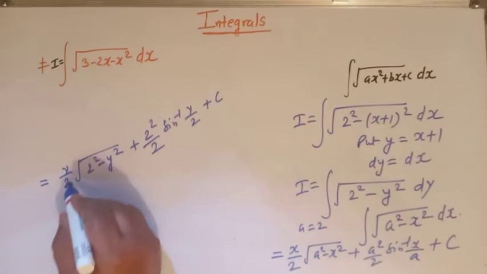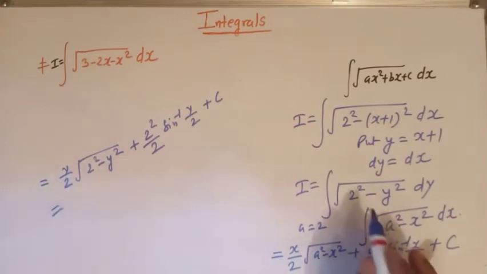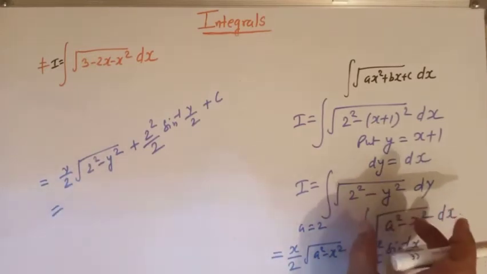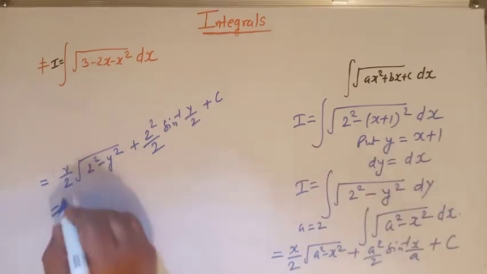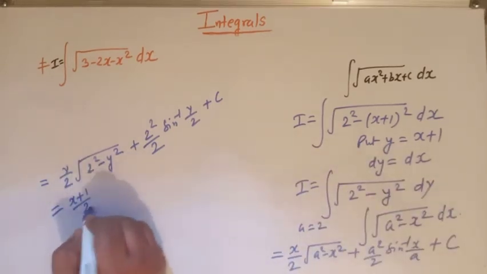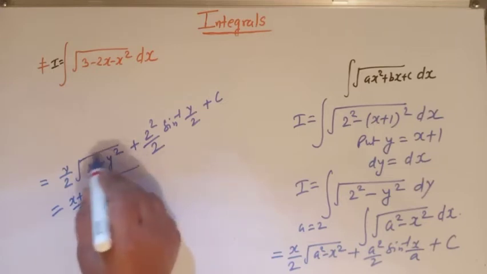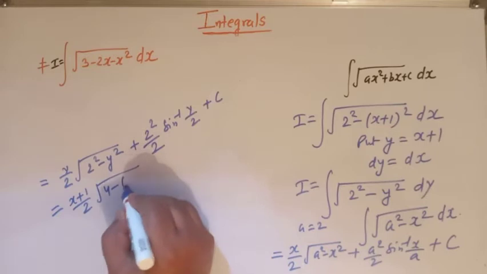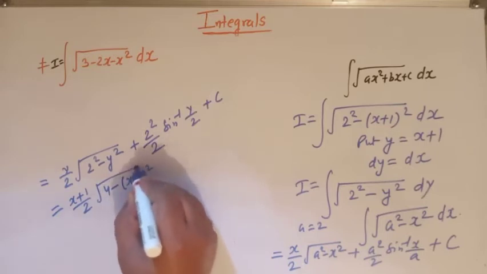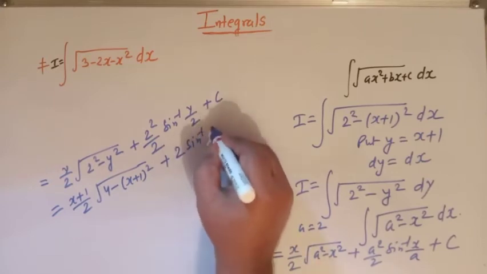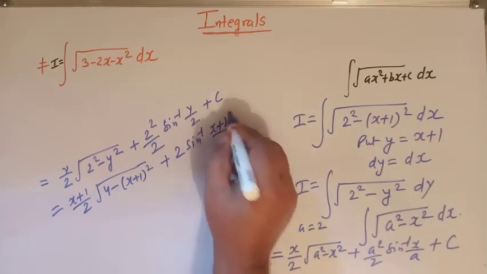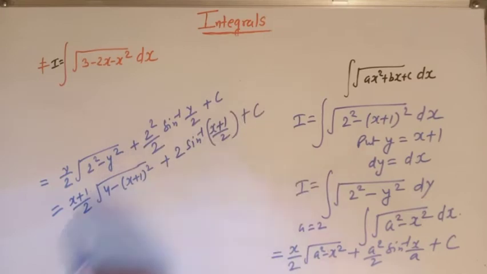Clear? Now if we substitute the value of y as x plus 1, we have x plus 1 over 2, then we have the square root of 4 minus (x plus 1) square, plus we have 2 sine inverse of (x plus 1) over 2 plus c. Clear?